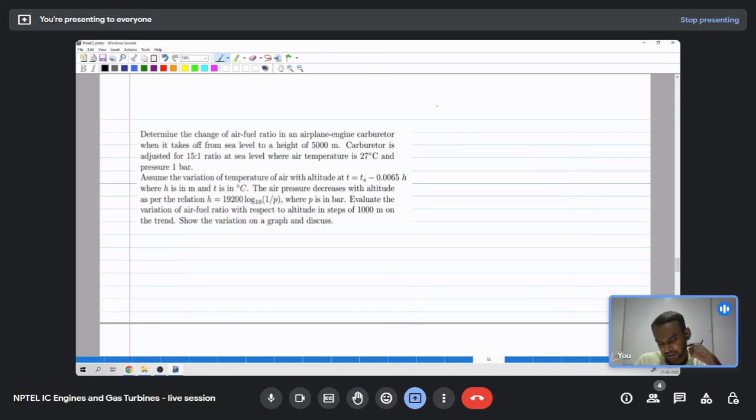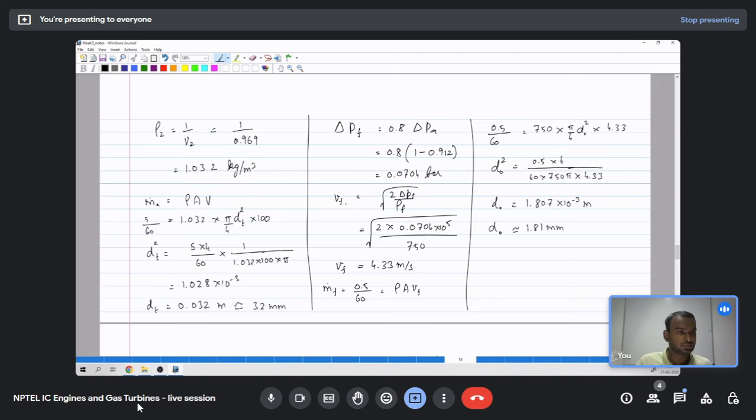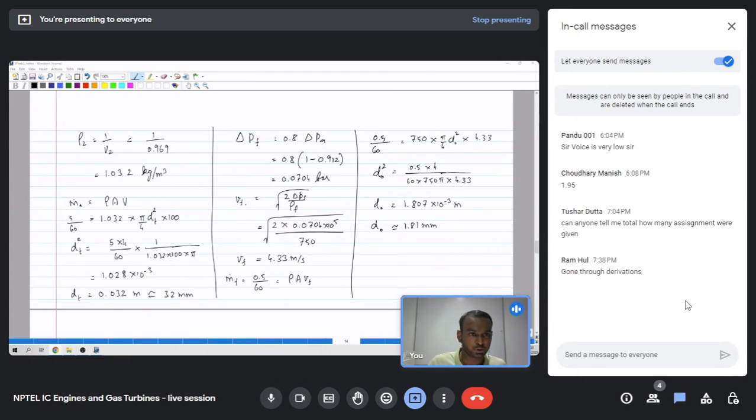The air-fuel ratio in an aeroplane engine... gone through derivations. Okay, Ram. Also, which year are you in? I hope you are in mechanical undergraduation, right? Second year, third year? Yeah, mechanical undergraduate.